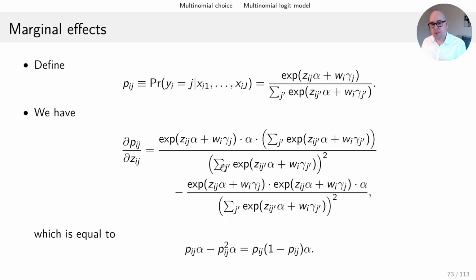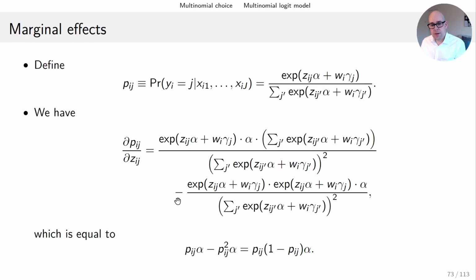This is the exact same term as here. So the square goes away. This term here goes away. So what stays is this times alpha times this, and then not squared. Okay, and this is just, if you compare it to this expression here, Pij times then the alpha that comes from here. So here's the alpha.